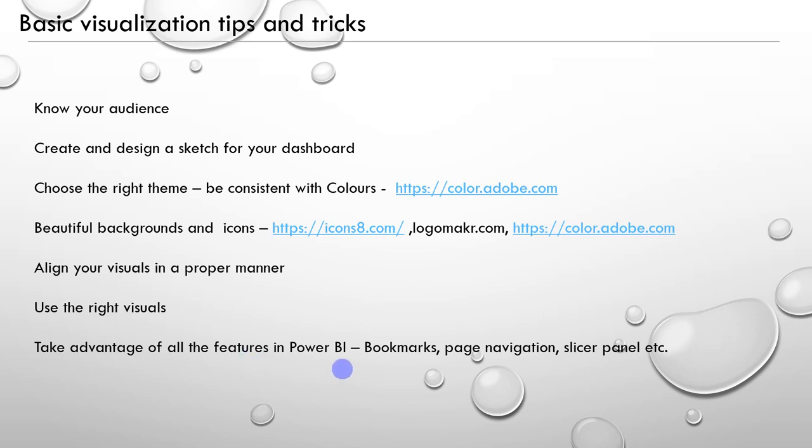Also take advantage of all the features in Power BI: bookmarks, page navigation, slicer panel, your selection pane. There are a whole lot of advantages, to get your visualization up to speed and really nice to interact with.